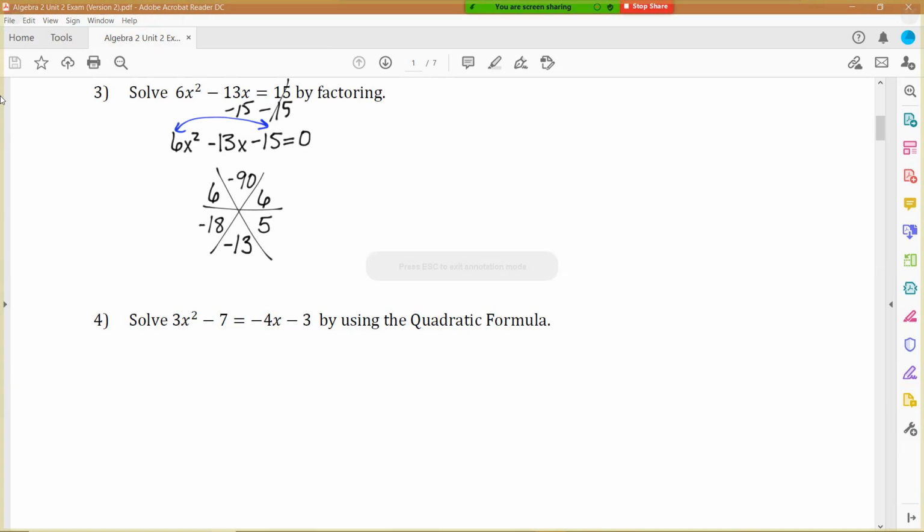This time I can reduce: 6 and -18 are both divisible by 6, so I have 1 over -3. Remember that negative has to stay on the bottom. So add our x's to the top, and now we have factors x minus 3 and 6x plus 5.